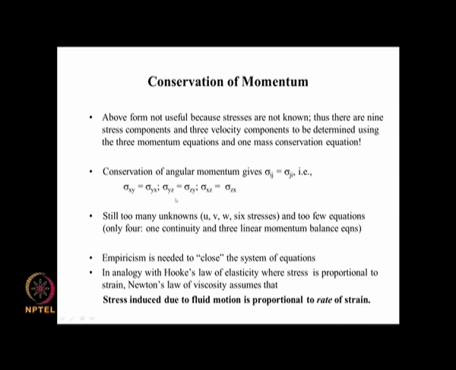So, this means that we have a system of equations which does not lead us to a useful solution because we have too many unknowns. There is no way out because we cannot think of any other relevant fundamental laws that need to be obeyed by this.